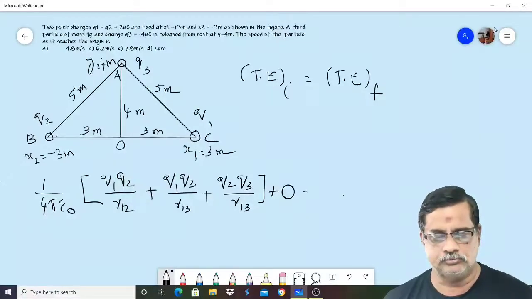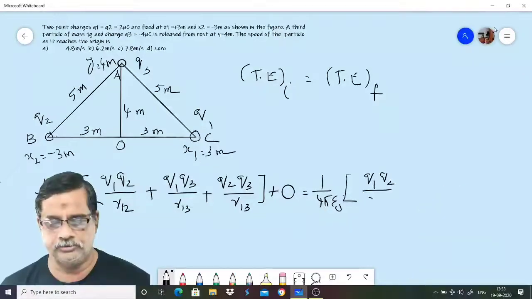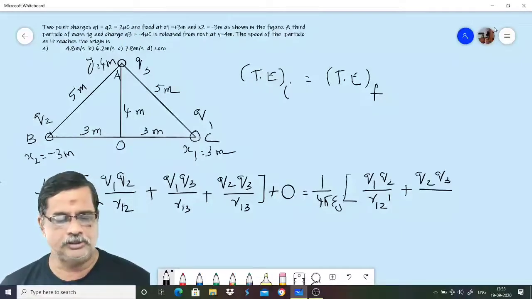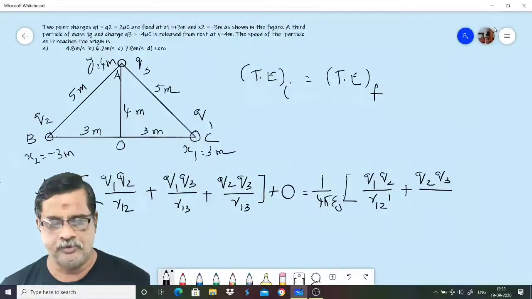This is equal to 1 by 4 pi epsilon 0 into q1 q2 by r12 dash plus q2 q3 divided by... see, there is no change in the distance between B and C, which are our q1 and q2. So this can be only r12, not r12 dash.